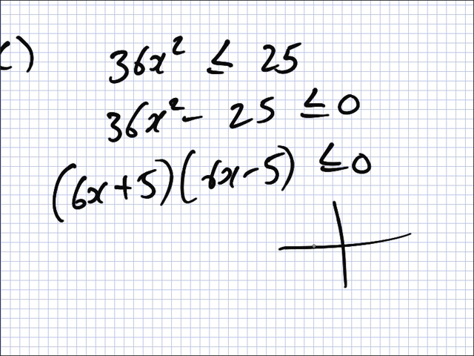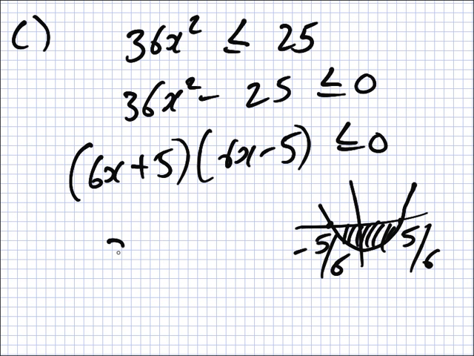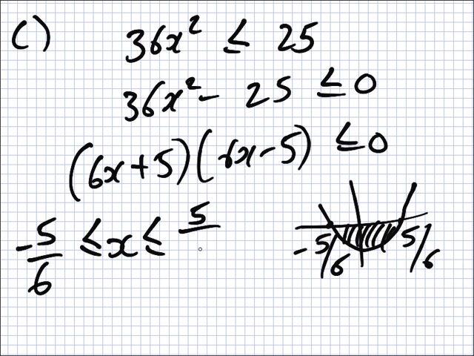And this has two solutions: minus 5 over 6 and 5 over 6. And do we want above or below? Below. What if I put plus and minus 5 over 6? And the answer is this, for 2 marks.